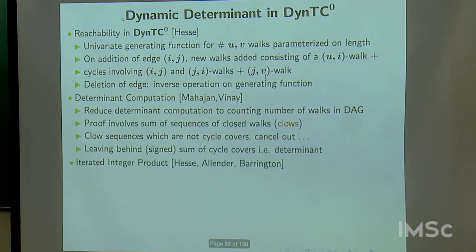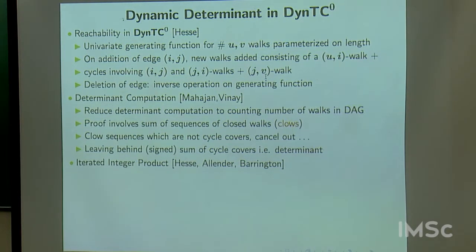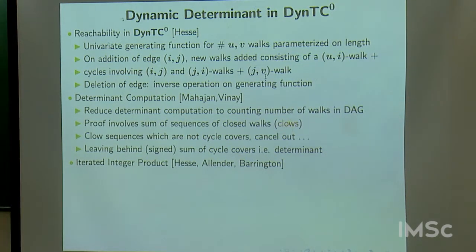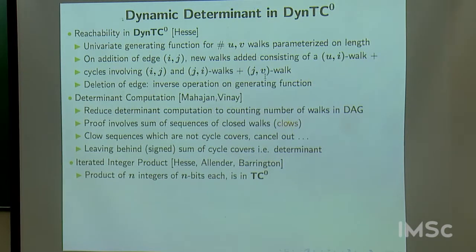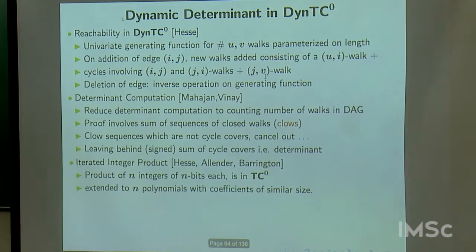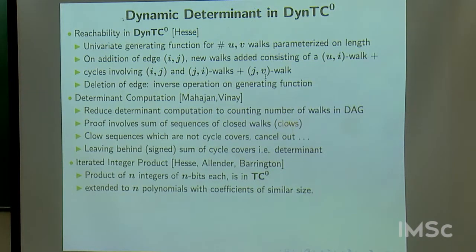And lastly, iterated integer product, which is related to a long-standing open problem of whether division can be done in log space. This was proved to be doable by Chiu, Davida, and Litow, and later the proof was made more precise to put integer product and integer division in TC0. So the product of n integers of n bits is in TC0, and so is the product of n polynomials.